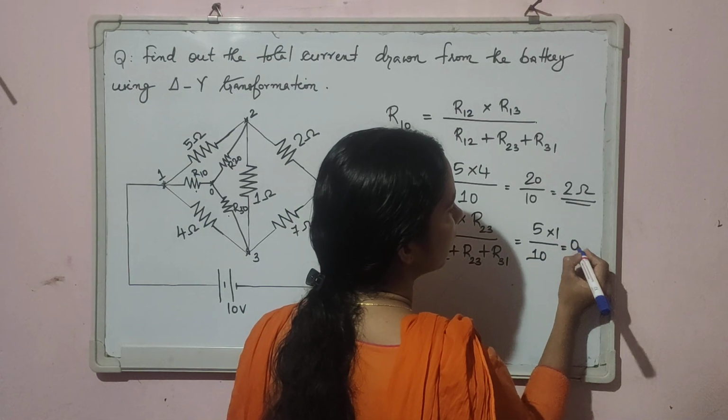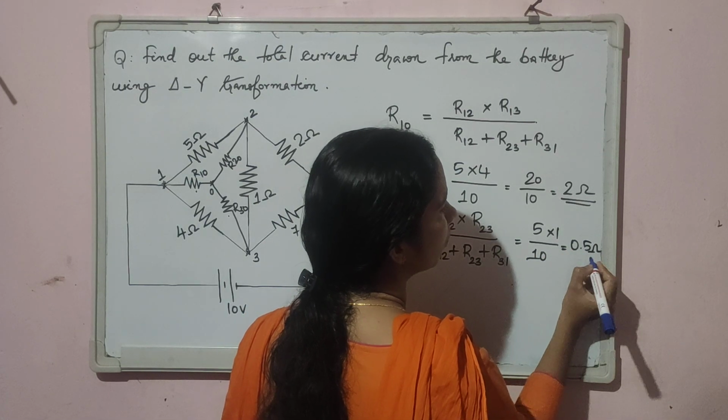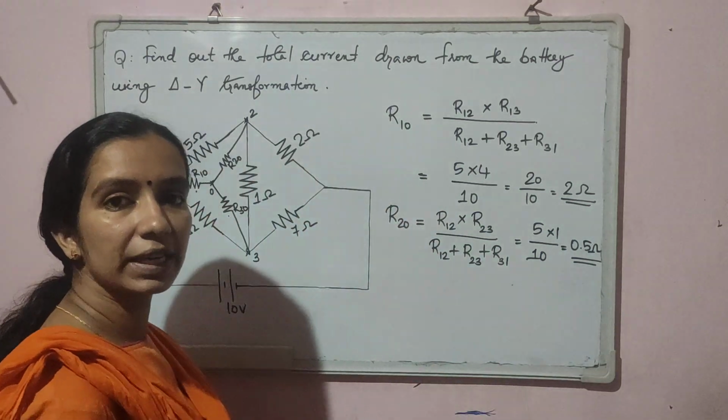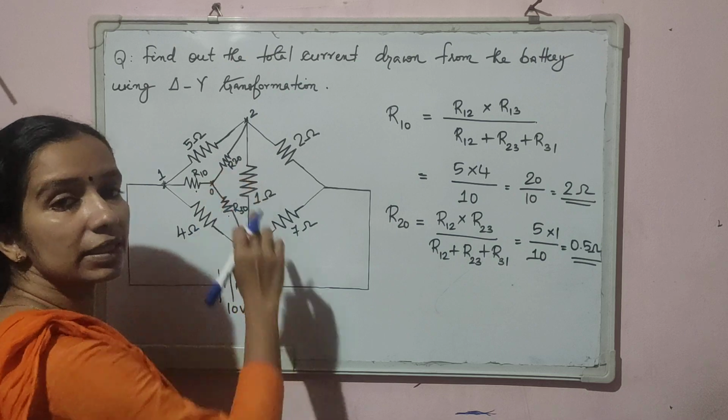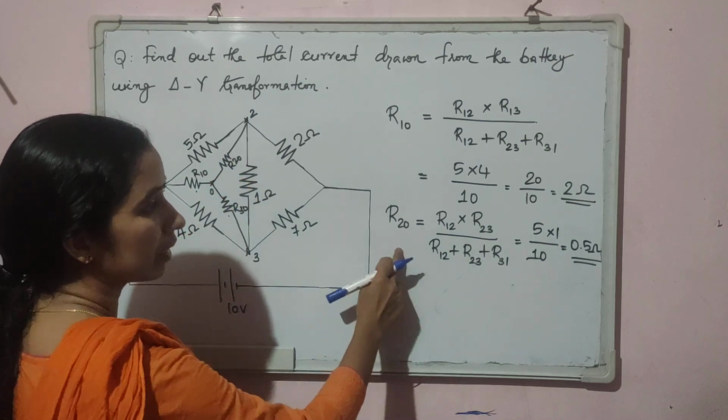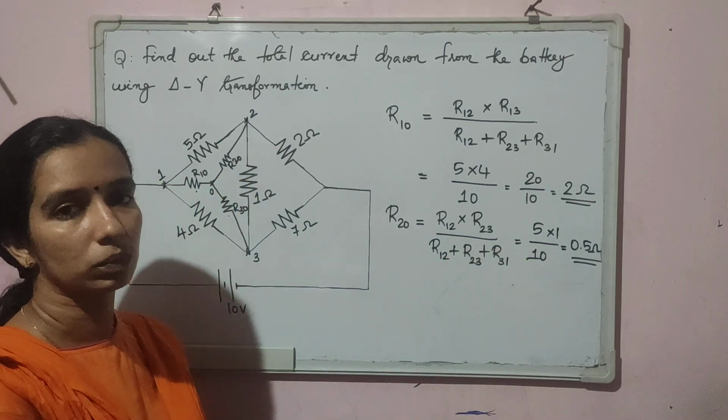So 5 divided by 10 or 0.5 ohm. So the resistor to be connected in between terminal 2 and terminal 0 is R20, that is 0.5 ohm.